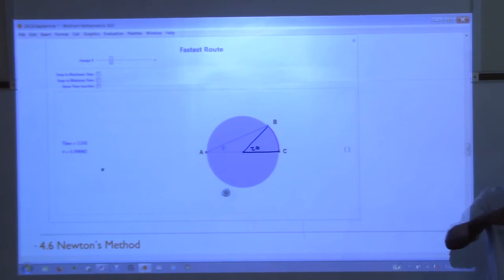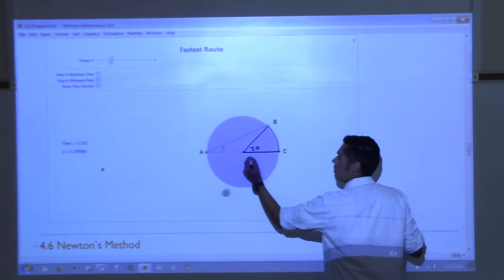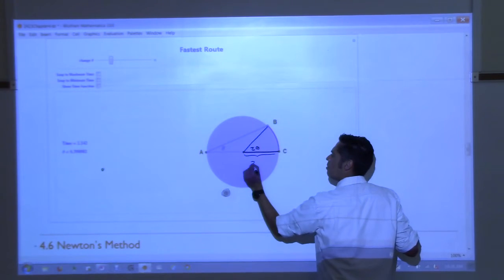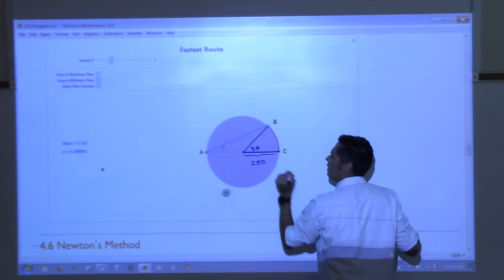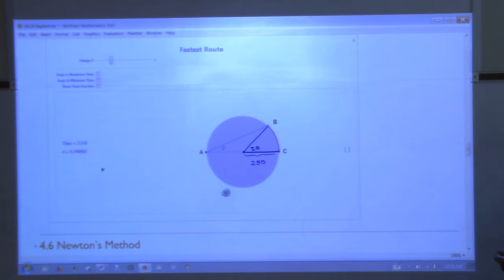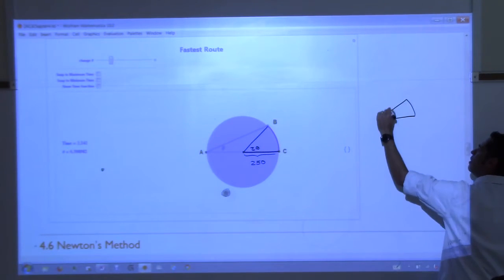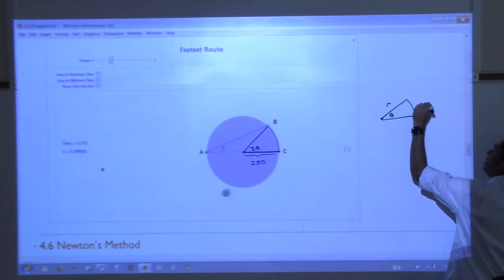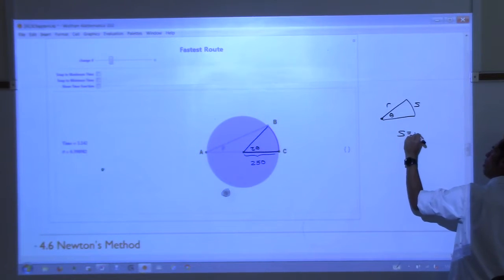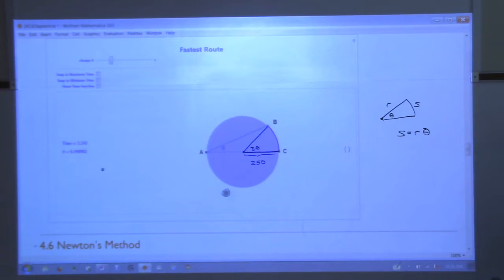And you said the radius of this circle was what? 250 feet, right? We understand that that's feet? So going back to the pre-cal formula that said if you had an arc, that if this was r and this was theta, and this was s, that s was r theta, right?